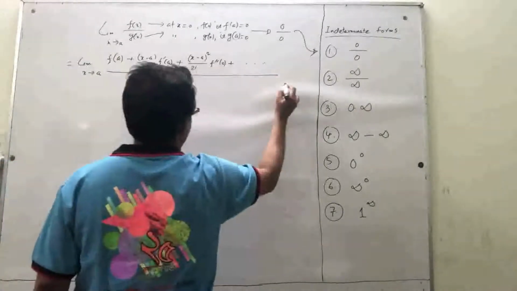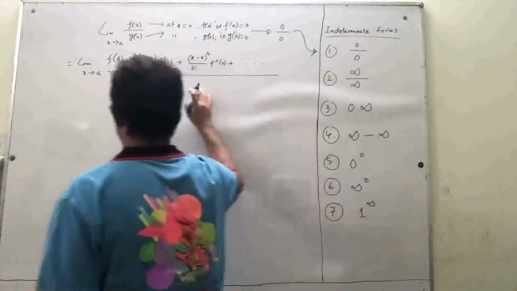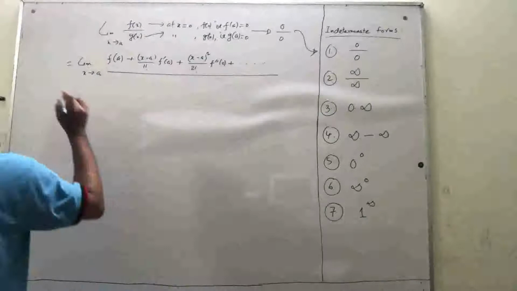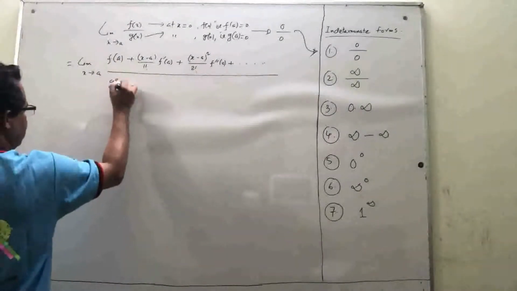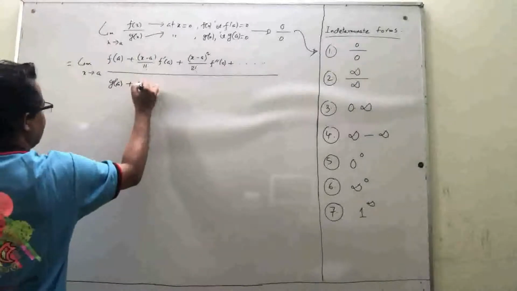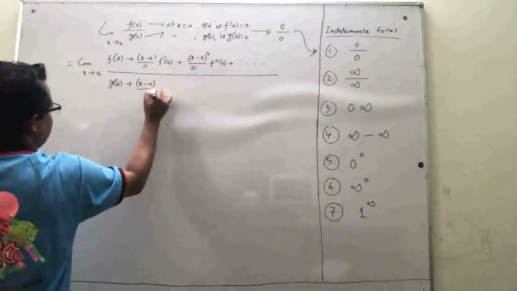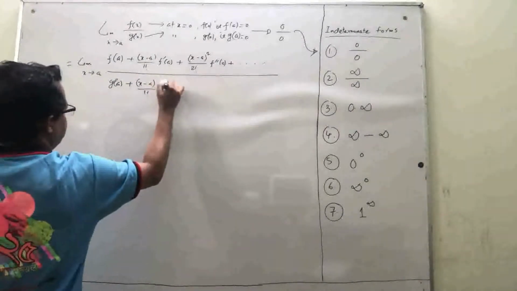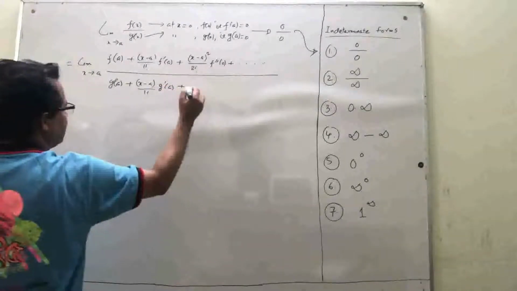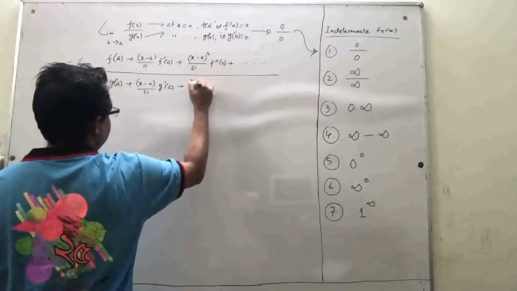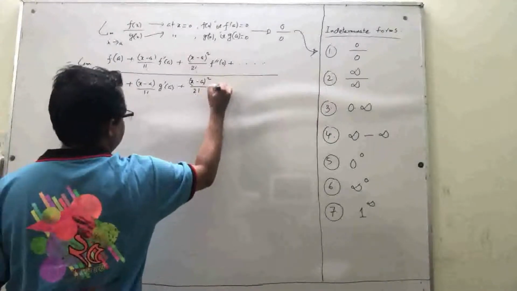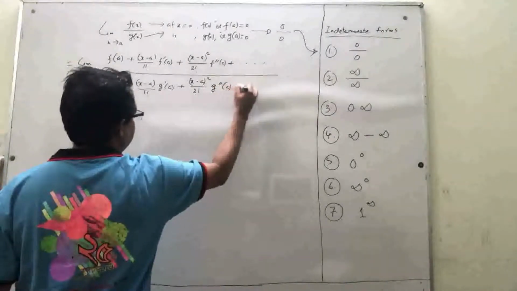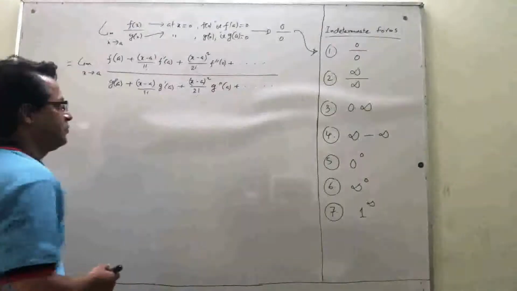It can be a finite or infinite series. Similarly, g of x can be written as g of a plus x minus a g derivative a plus x minus a whole square divided by 2 factorial g double derivative a plus, and so on.